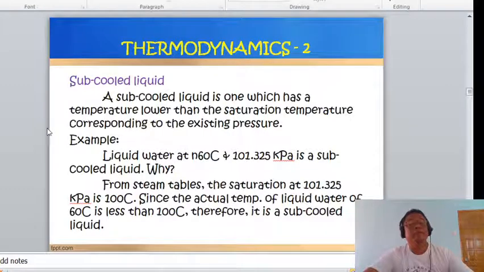Why? From the steam table, the saturation temperature at 101 is 100. Since the actual temperature of water is 60, which is less than 100, therefore it is a subcold liquid.